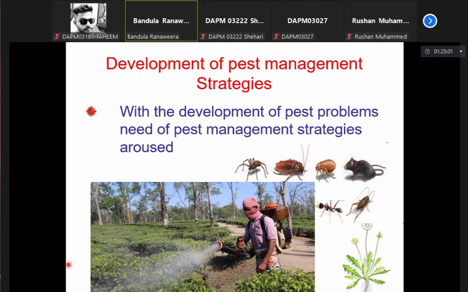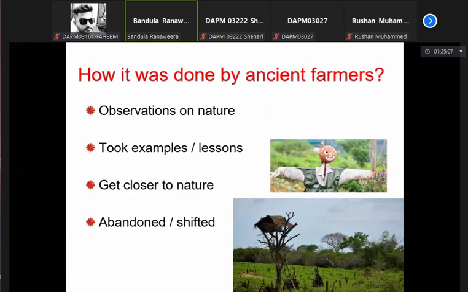But instead of that, I thought of first thinking about how the ancient farmers controlled the pest at that time. So they looked at nature, as we have done just now.